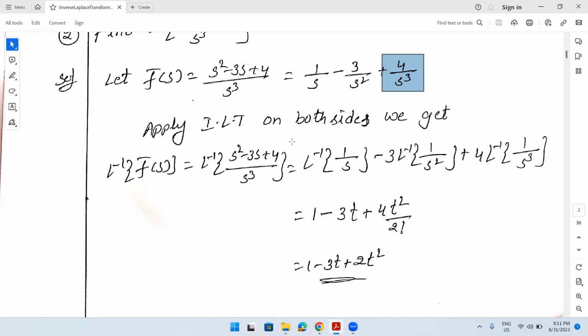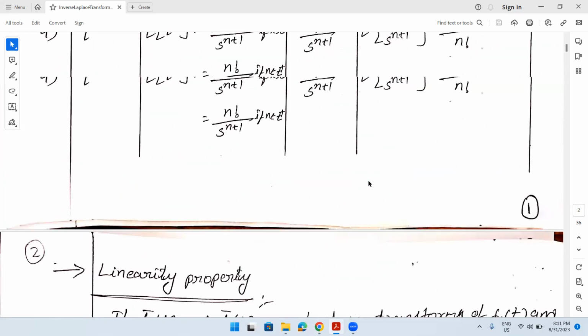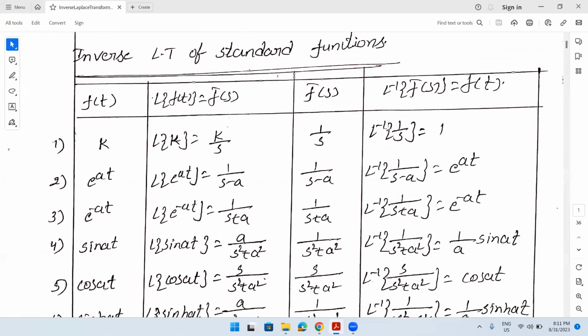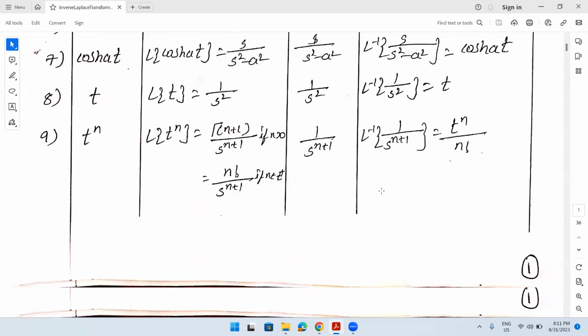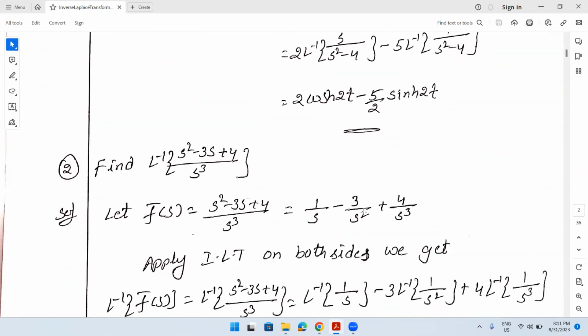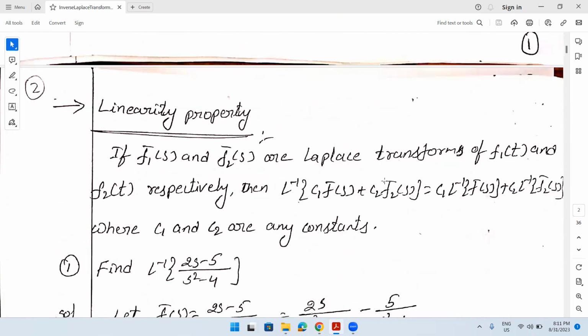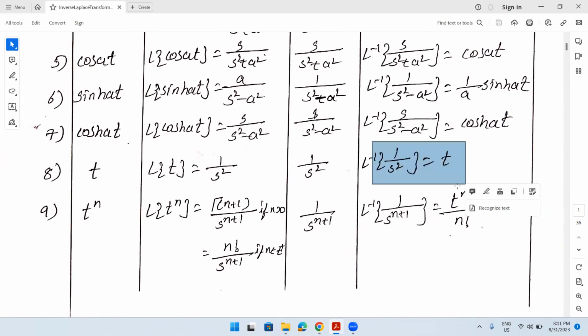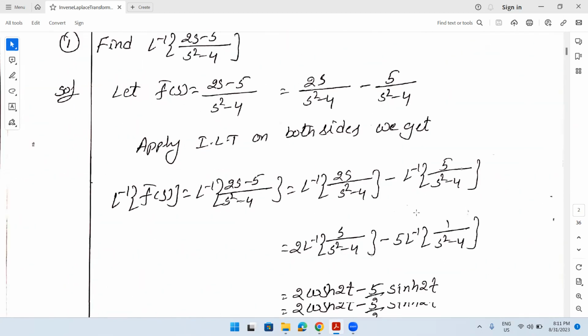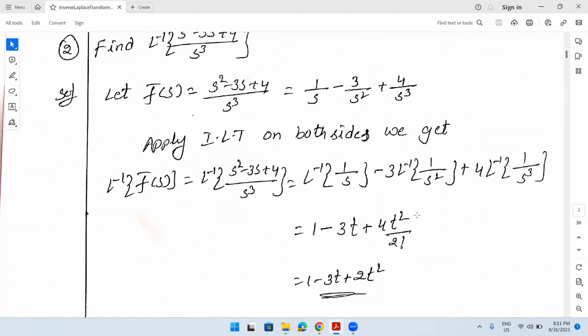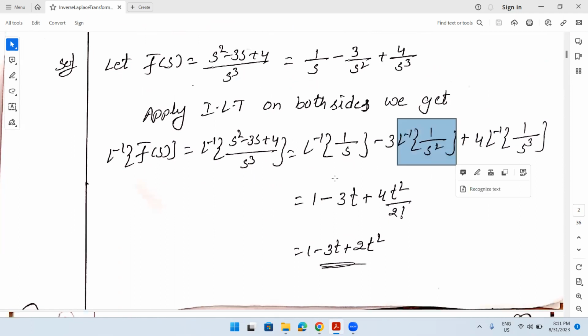And next, what is L inverse of 1 by s? The first formula: L inverse of 1 by s is nothing but 1. This is the first type of problems, direct formula. Then minus 3 as it is, and L inverse of 1 by s square is nothing but t, so we get 3t.